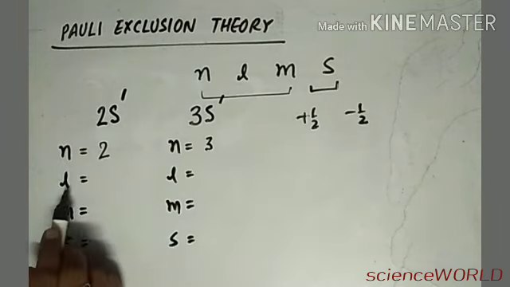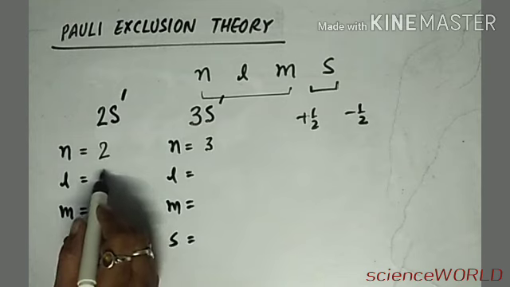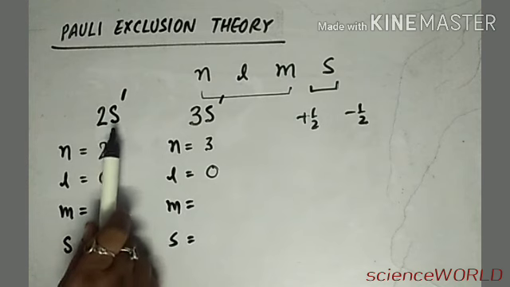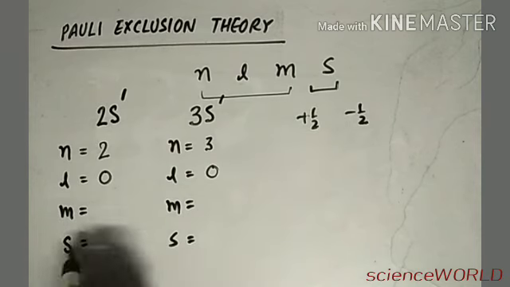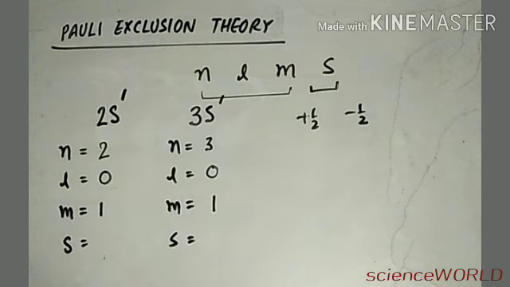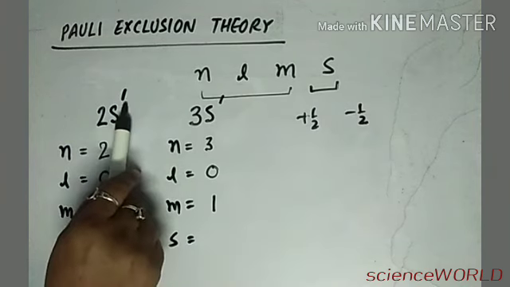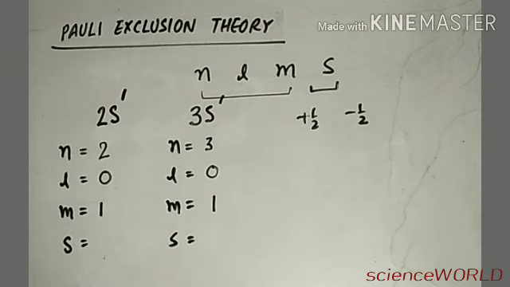As far as l is concerned, it's n minus 1, obviously it's 0. So it will be 0 as well, because we are taking the s orbital here, and if we detect the value of m, then it will be 2l plus 1. So yes, it's 1 and it's 1. But as we see in 2s1, one electron is here and one electron is here, both s orbitals consisting of single electrons.